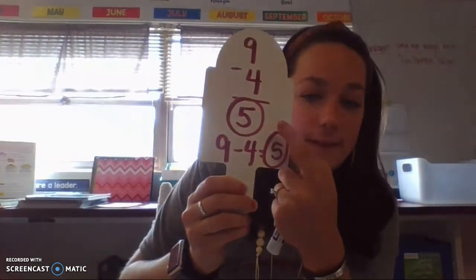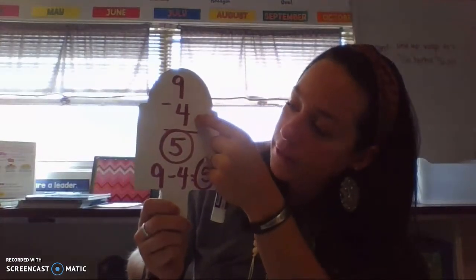Now, like I said, if I write it in a crazy funky way, even if it's vertical or horizontally, the most important thing is that I get the answer 5. So I see 9 minus 4 equals 5, 9 minus 4 equals 5.